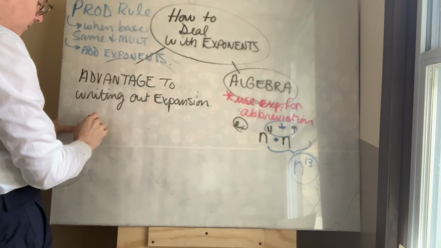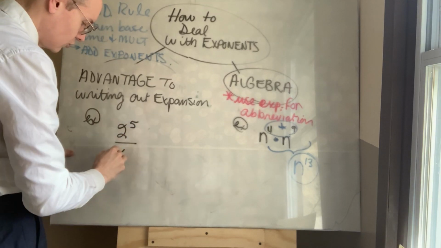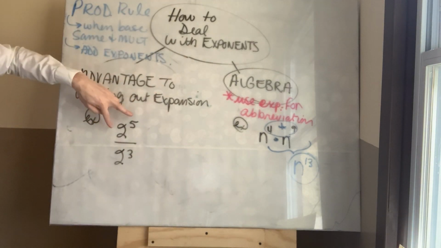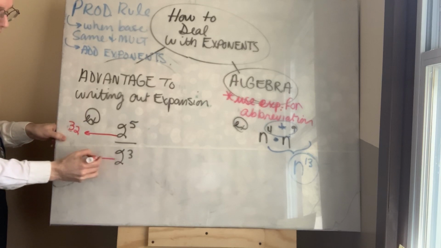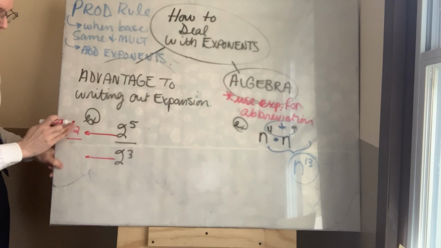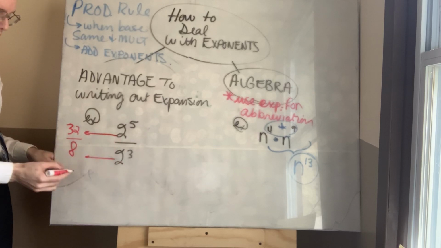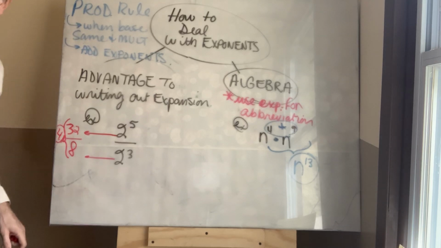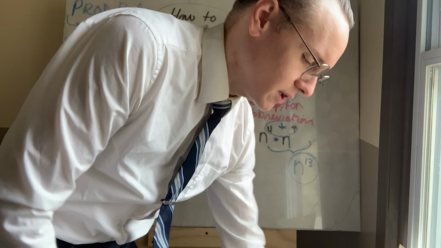If you had, say, 2 to the 5th sitting on top of 2 to the 3rd, right? You could figure out what this number is. It would be 32, technically, and figure out what this number is. This would be 8, because it's 2 times 2 times 2. And then divide these and get the answer of 4. Right? There's no sin in that. Especially if you happen to have a calculator handy.